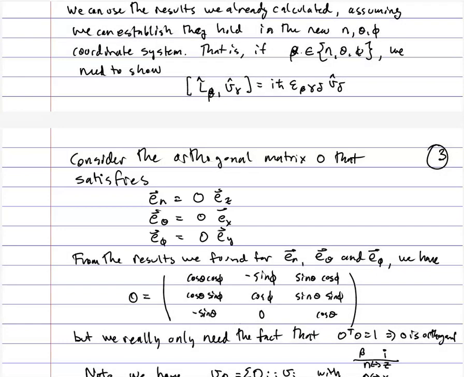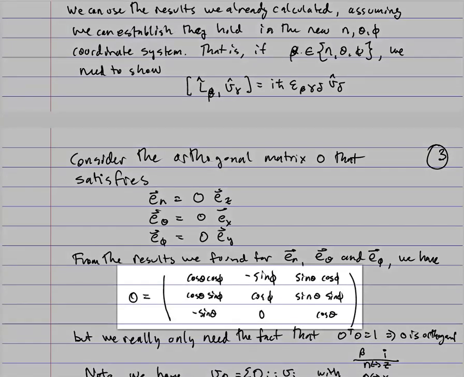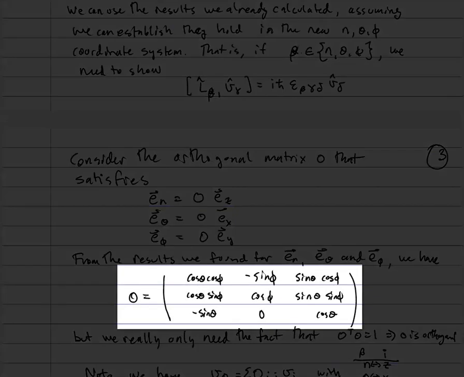Now, from just the definitions of e_n, e_theta, and e_phi, we actually have the matrix. It's given by cosine theta cosine phi, minus sine phi, sine theta cosine phi, cosine theta sine phi, cosine phi, sine theta sine phi, minus sine theta, 0, cosine theta.